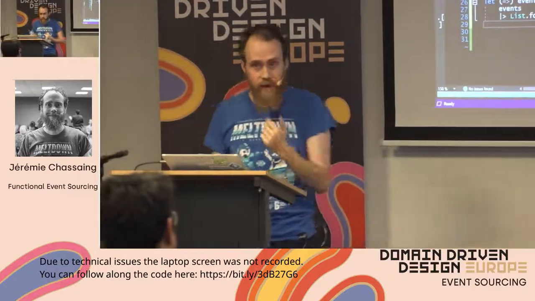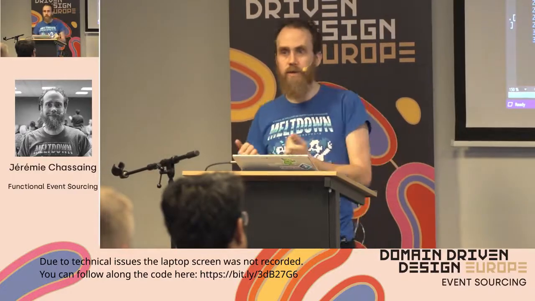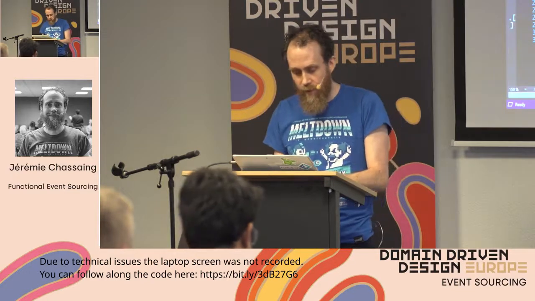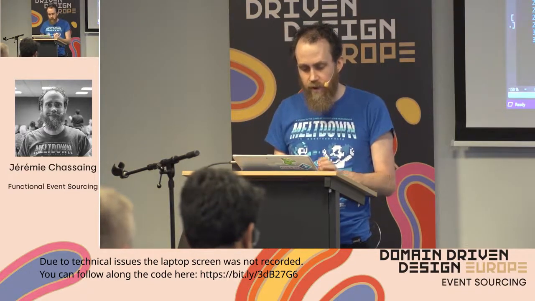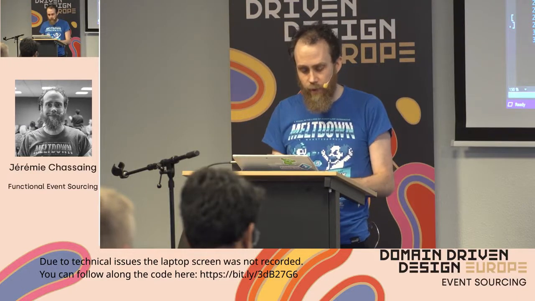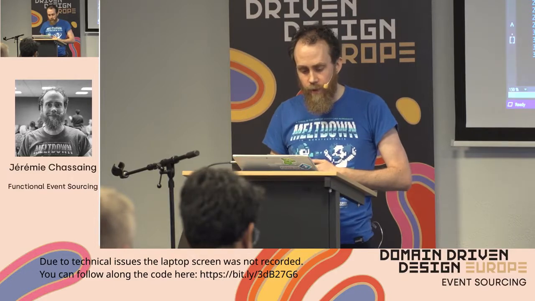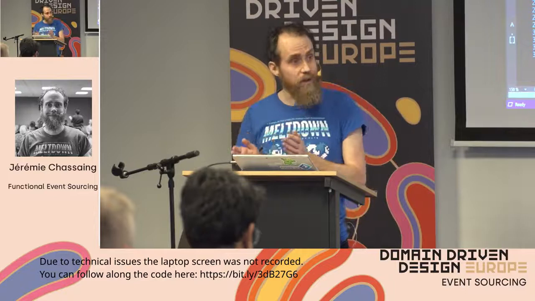So I can take this current state and pass it to my decide function, because the decide function needs a state. I give this state to the decide function, and the decide function also expects my command, so I just give my command. The result of this operation is to take an event list on the left and a command on the right, and it will return an event list.